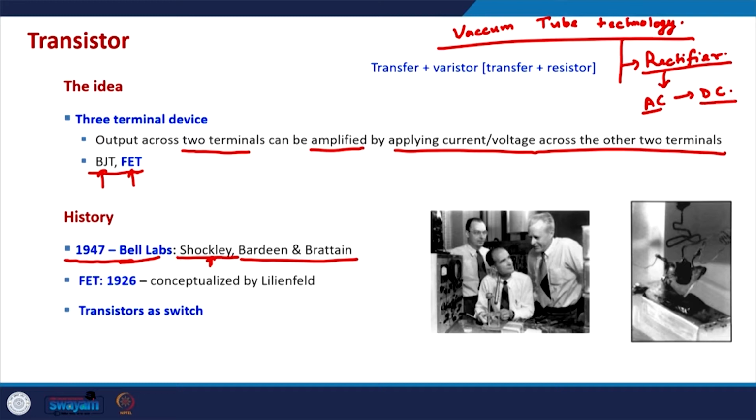Because by the late 19th century and early 20th century, the production of AC current was quite common, and it could be sent to large distances.